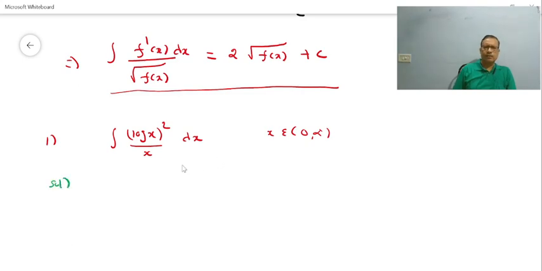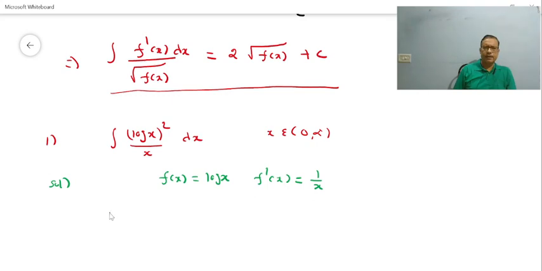Solution. Let f(x) is equal to log x. So f'(x) is equal to d/dx of log x, which is 1/x. f(x) is equal to log x, f'(x) is 1/x.